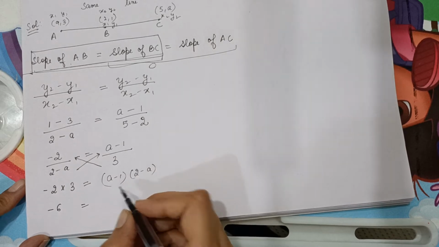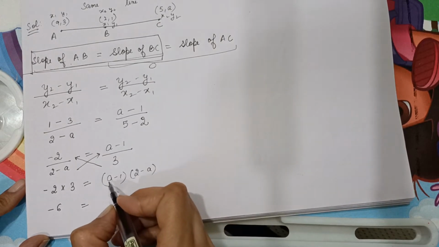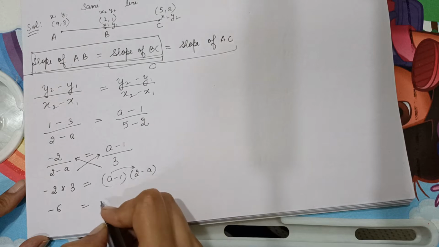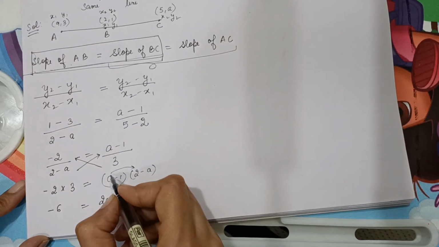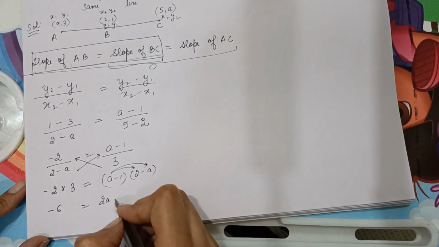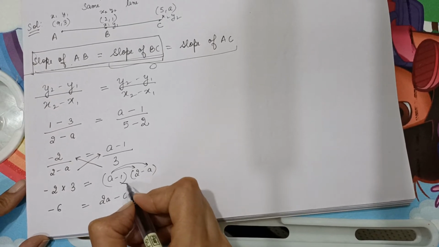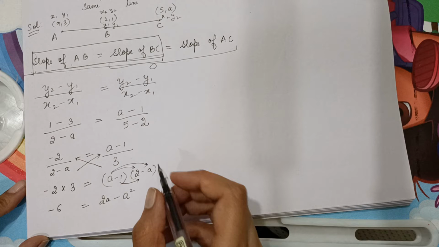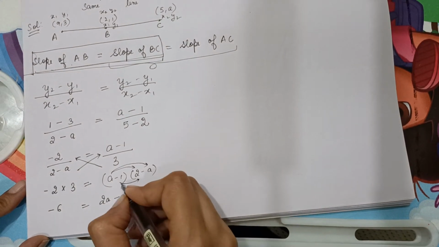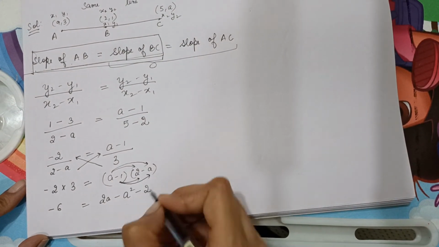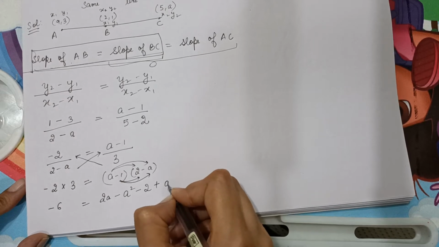Here we can multiply these two brackets. a into 2 is 2a, a into minus a is minus a square. Then minus 1 into 2 is minus 2, and minus 1 with minus a becomes plus a.